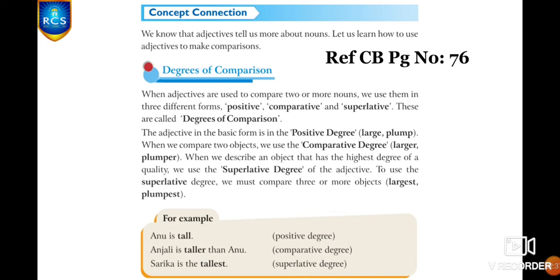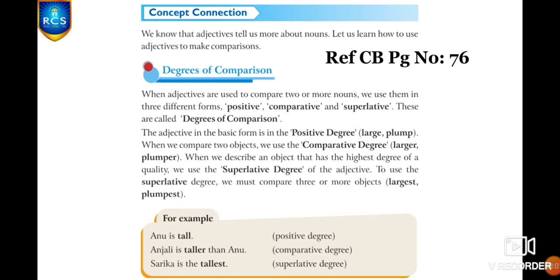This is how we change an adjective into its comparative form when we are comparing two objects or things. And next one is superlative degree. When we are comparing more than two objects or things, we use this superlative degree.